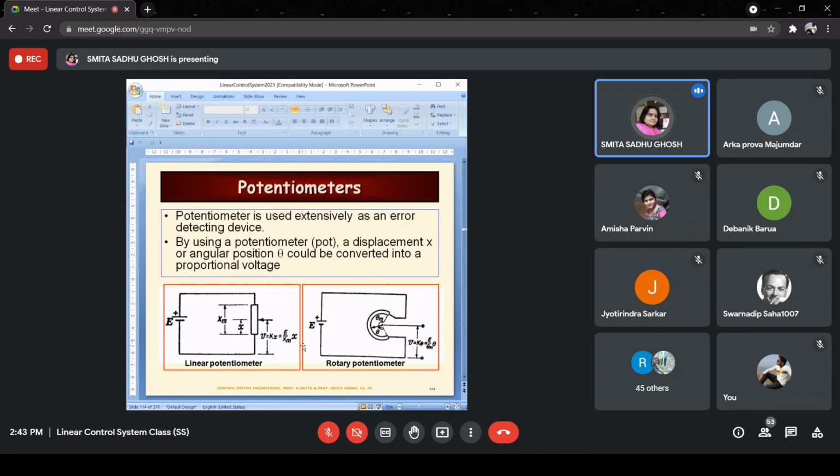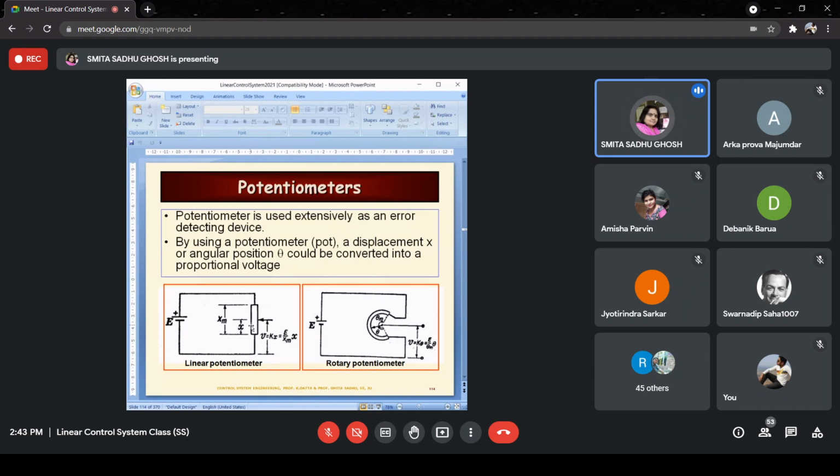So basically, this E by Xm is the constant K that has been indicated over here. So a very simple thing is done over here. By sliding the pointer, we are able to get the output voltage.